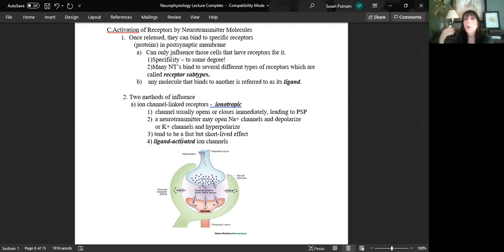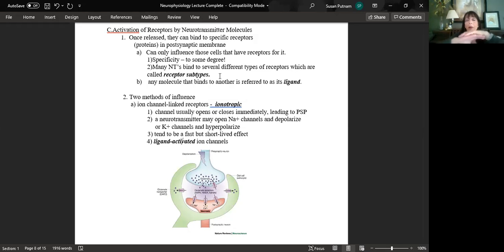In fact, we'll integrate some of that into the mental disorder biological mechanisms as we work through. But one neurotransmitter can bind to several different types of receptors, which are receptor subtypes.